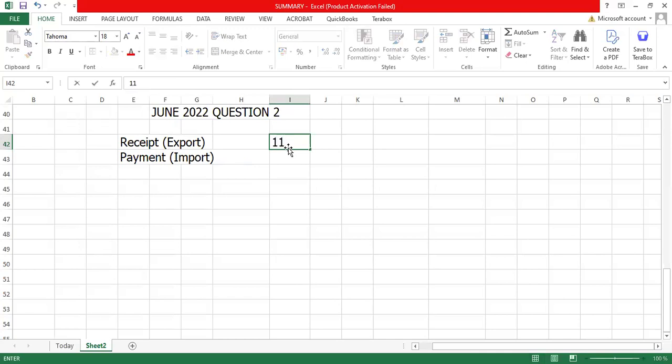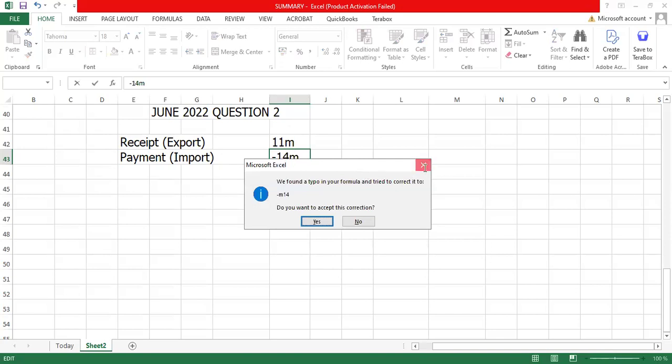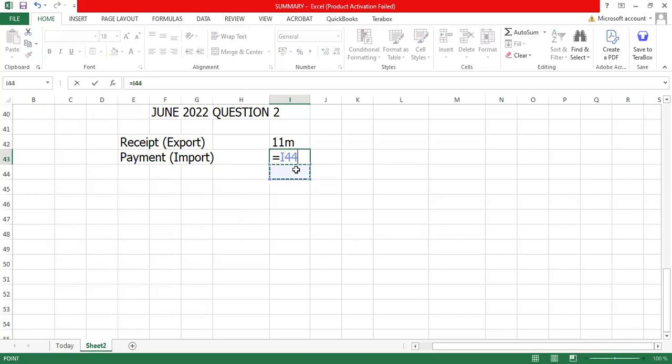Is it 11 million? 11 million. Then you're importing goods worth 14 million. So net off and get the answer. Payment is a payment of 3 million.